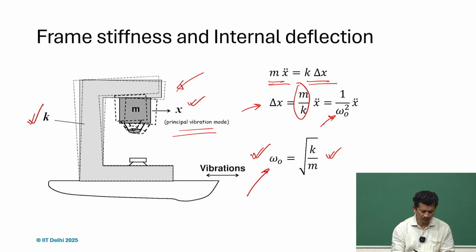So, if we want to increase this value, because k is at the top, we want to have higher stiffness. But we also realize that m is equally important. That moving mass, the suspended mass, has to be lower and lower.